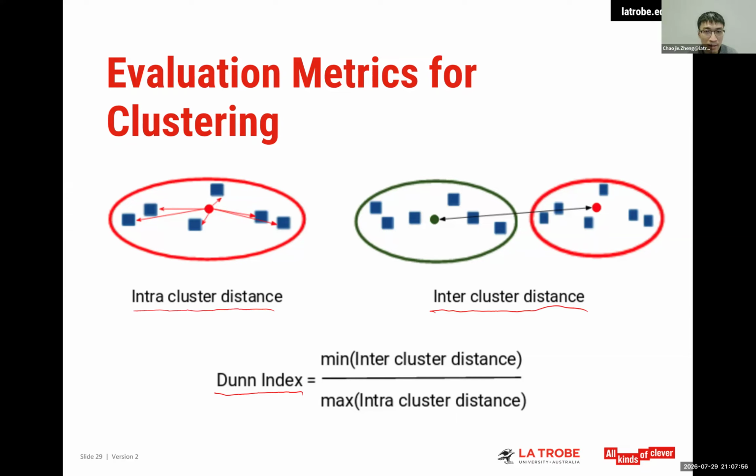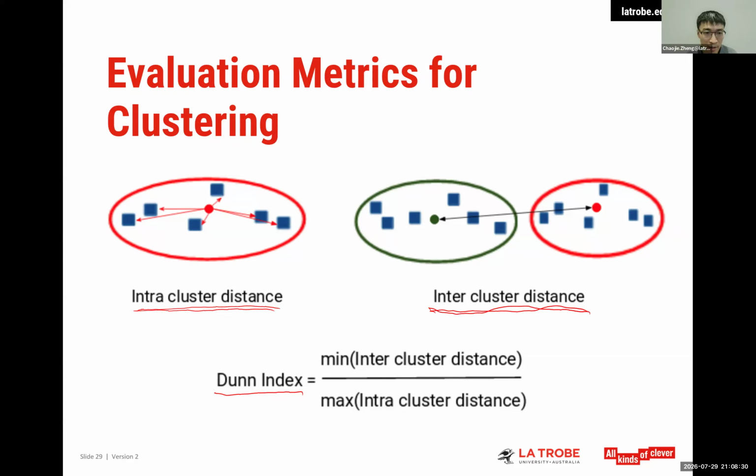The intra-cluster distance represents the compactness of the cluster, and the inter-cluster distance represents how different any two clusters are. So we are expecting a small intra-cluster distance and a large inter-cluster distance.